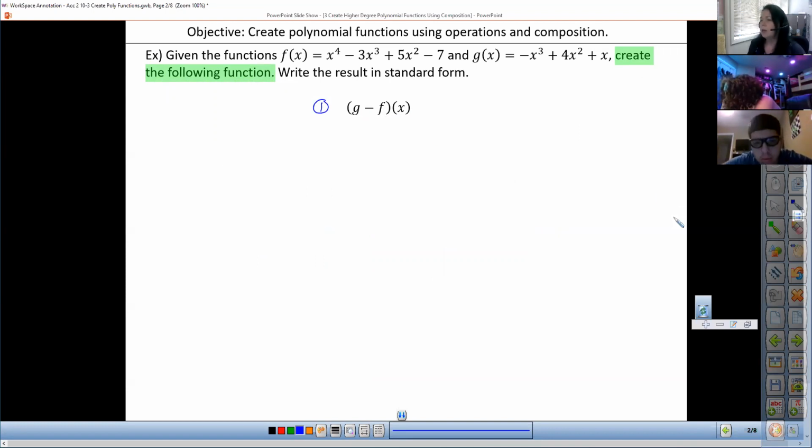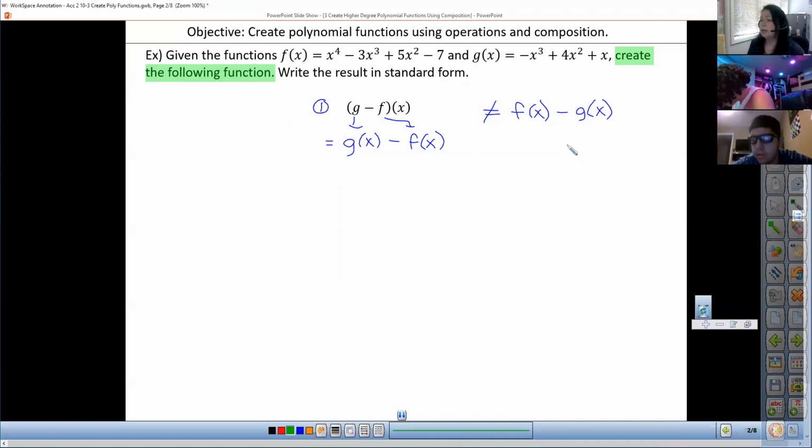All right. So we have to understand when we look at this that this means that we're going to take our g of x function, because it's written first, and subtract from it our f of x function, because it's written second. Please be aware that this is not the same thing as f of x minus g of x. And the reason is our basic math tells us those two are not equal.